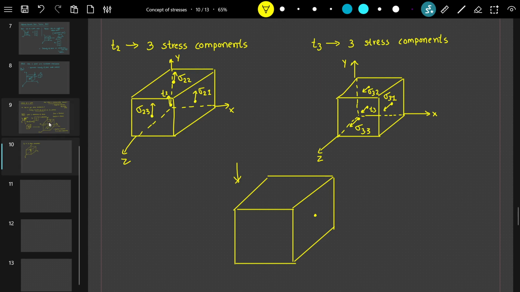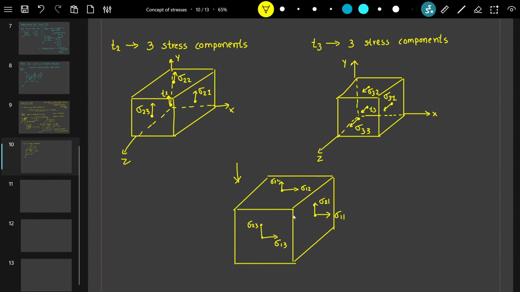So here, from T1: sigma 1 1, sigma 1 2, sigma 1 3. Then due to T2, sigma 2 1, sigma 2 2, and sigma 2 3.